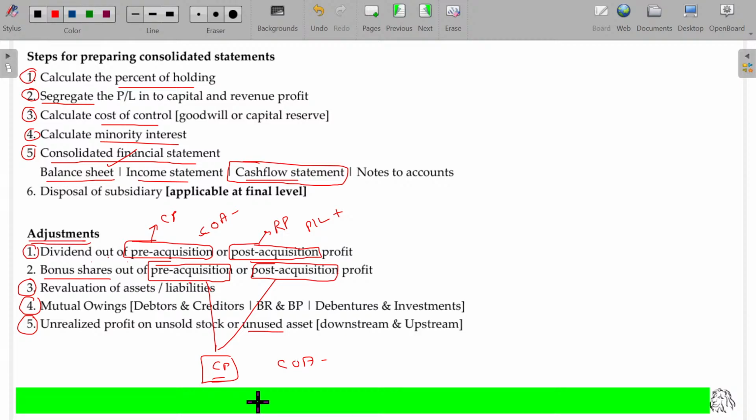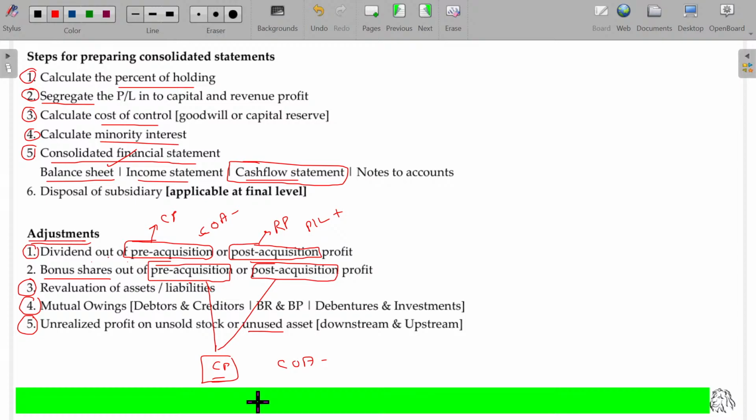See what happens in a typical exam question asked in CMA Final once. Very interesting. If the dividend is distributed out of post-acquisition profit, what happens? If dividend is not distributed, what happens? Usually, post-acquisition profit is a part of the P&L account. If you are giving the bonus shares out of post-acquisition profit, it is considered as capital profit and adjusted in the cost of acquisition.